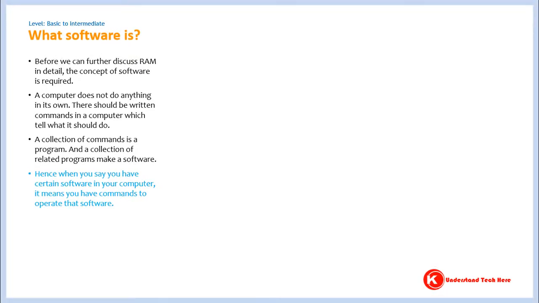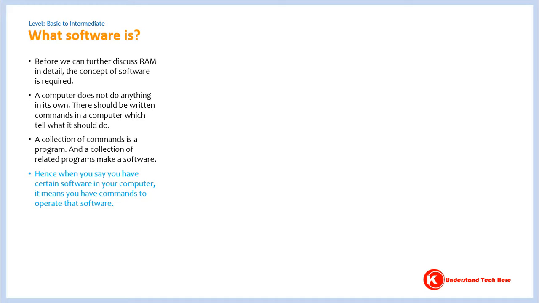Okay, you saw where RAM is and what it looks like. Still, before we can discuss what its role in a computer is, why you need RAM, you need to have the concept of software. The first thing you have to understand is that a computer does not do anything on its own. Of course, a computer is not a living creature that has its own brain, that it can think and do things on its own.